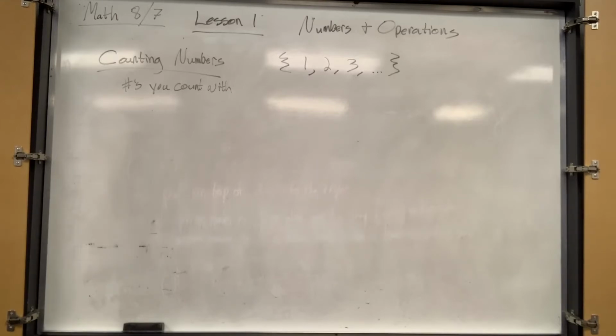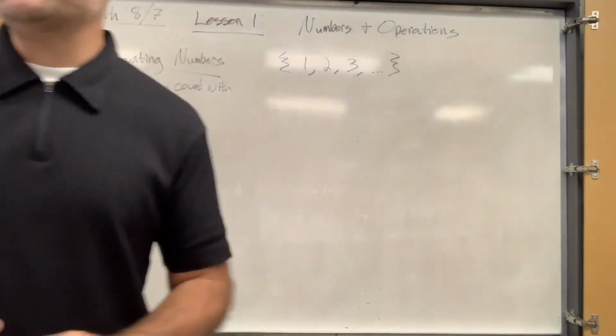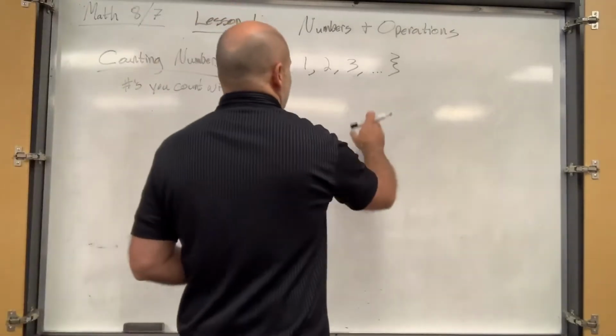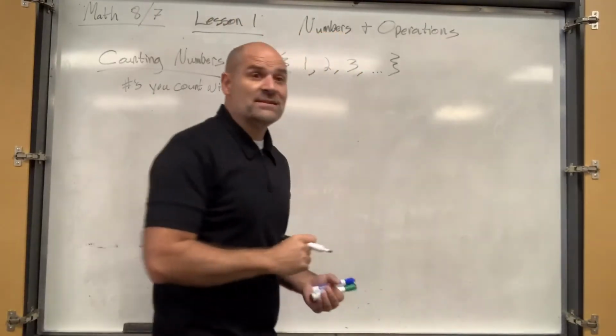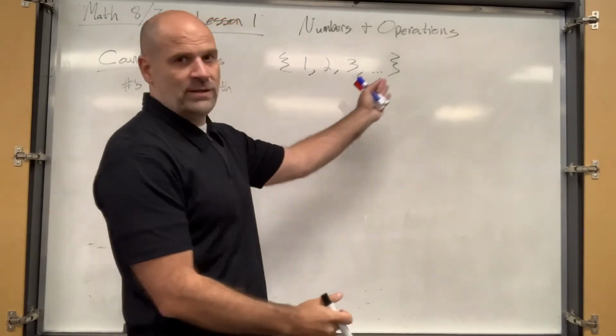Here's a hint: it's got the word lip in it. It's called an ellipsis. Say that word at parties, it's going to be real popular. So that just means continue on in the same pattern. So we're just adding 1 to each number.